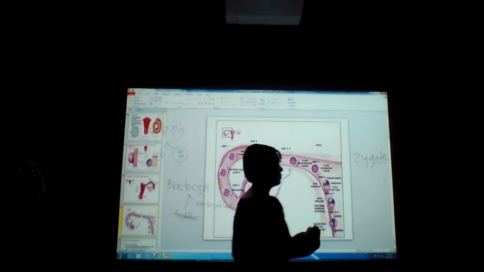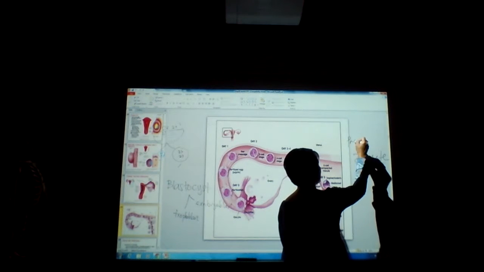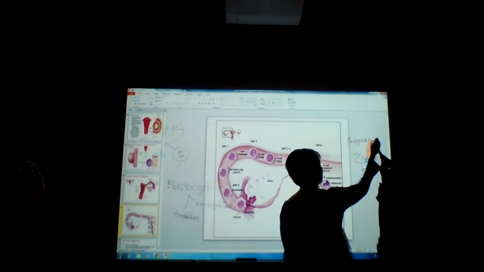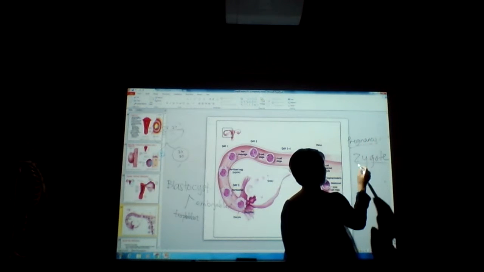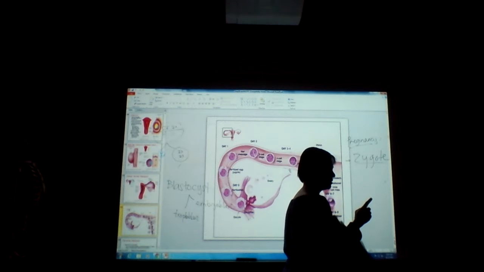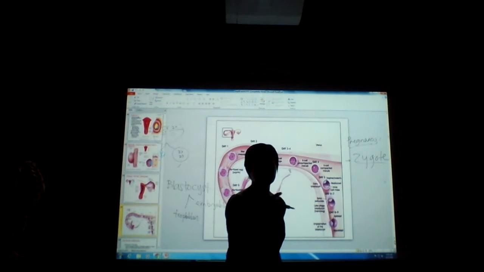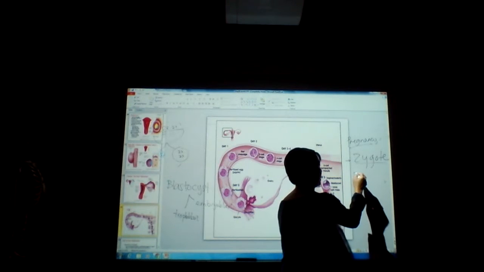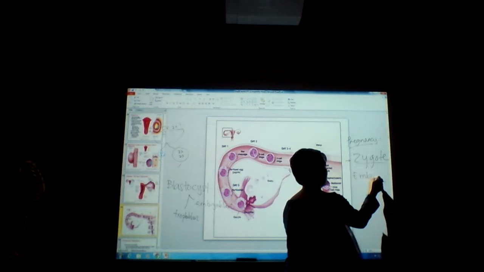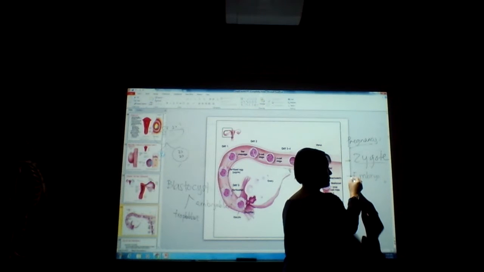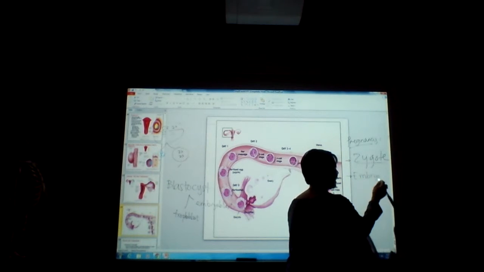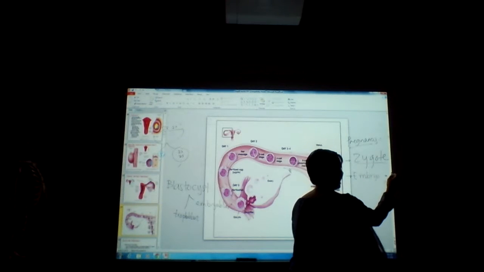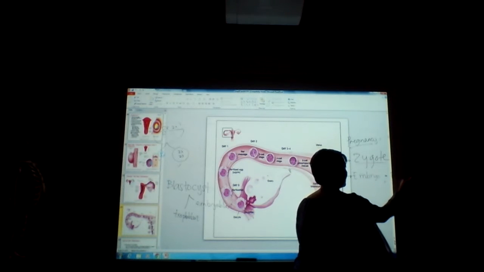So, review our terms while we're still in our mother's uterus. When we were one cell, the proper term is zygote. You were a zygote for no more than 1 day. After 1 day, for sure, you are now an embryo, and you are an embryo until 8 weeks of pregnancy.